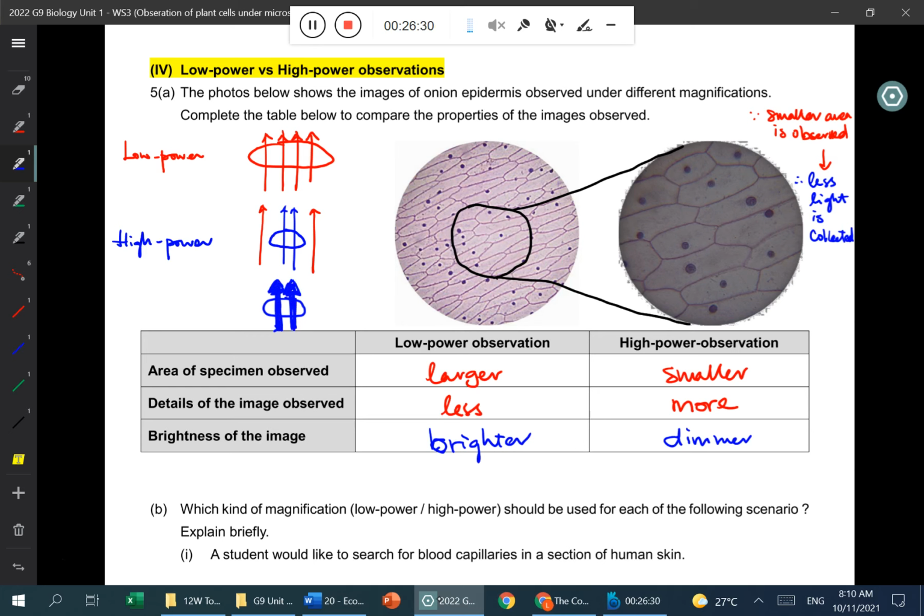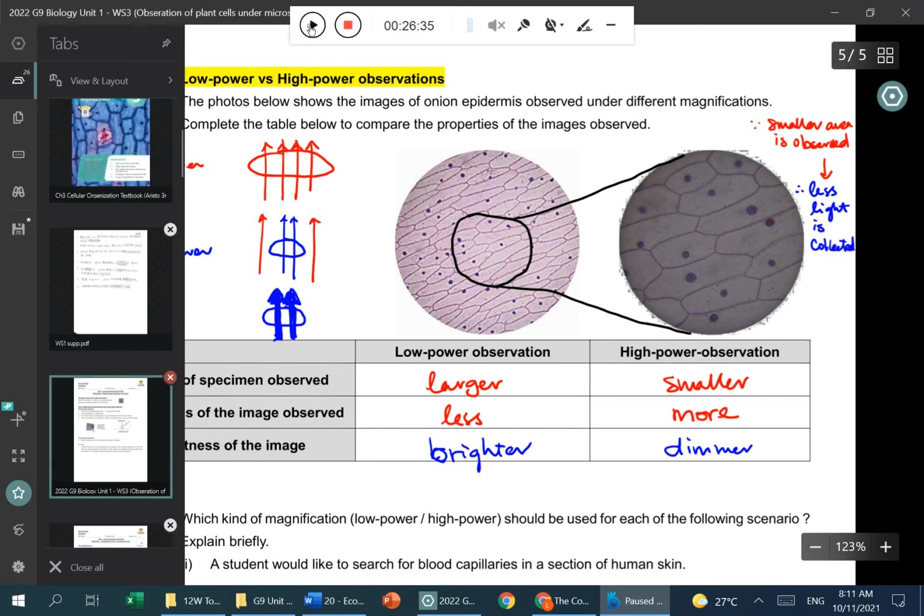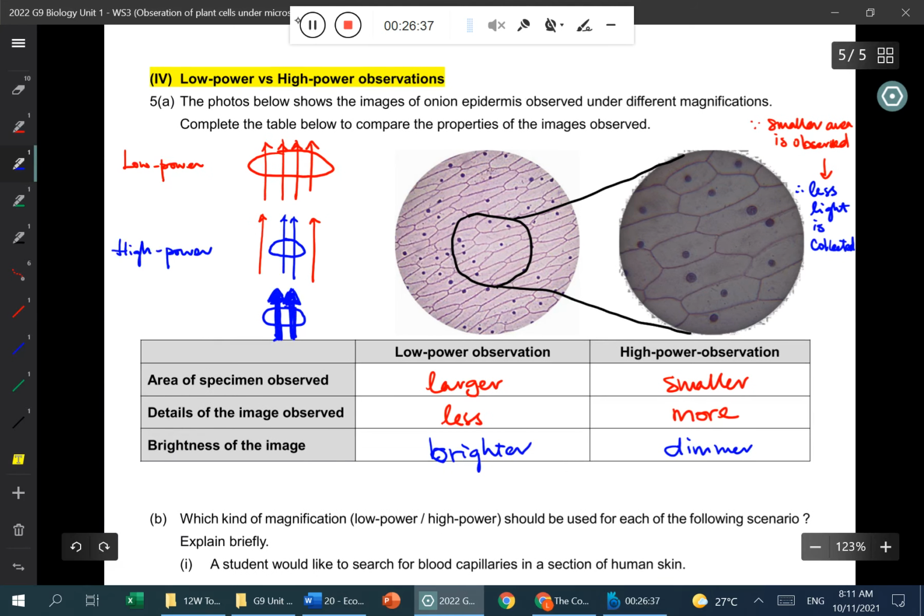Remember that there is a tab at the bottom of the microscope that allows you to make the light stronger.